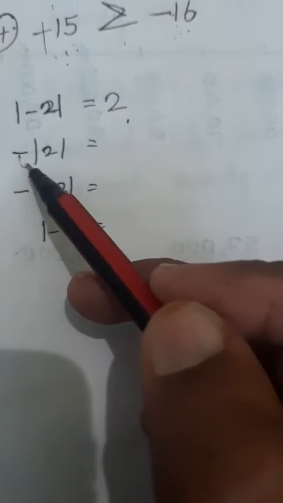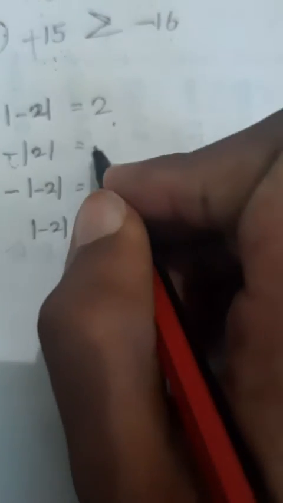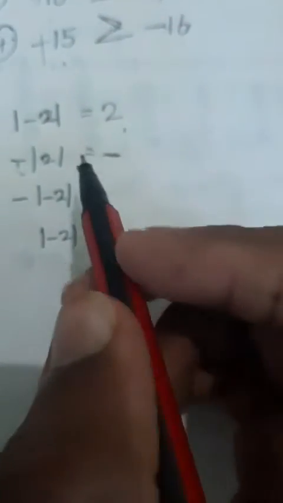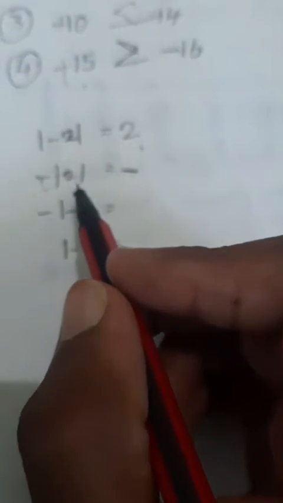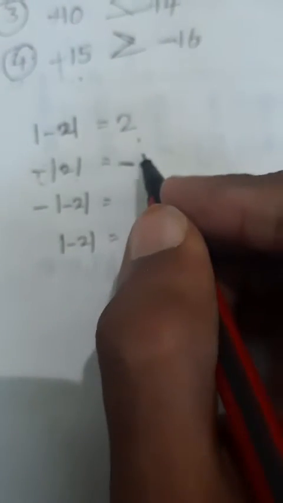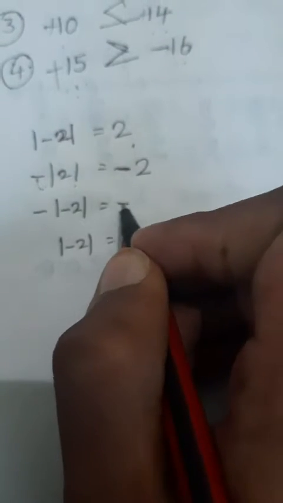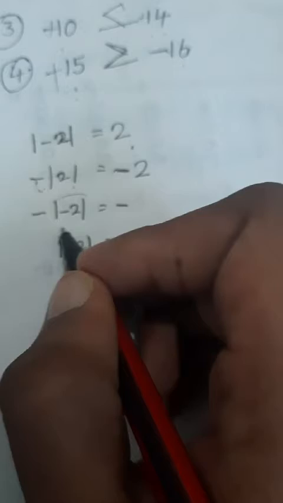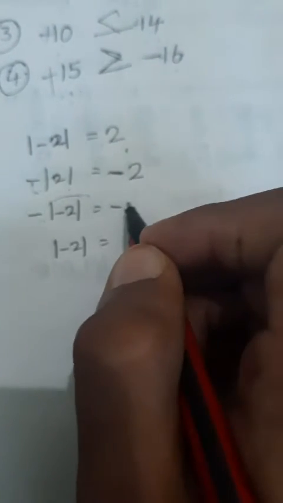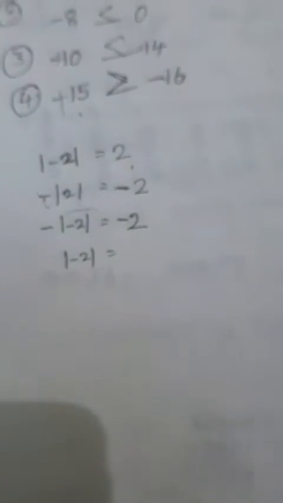So whenever minus is outside, you are not able to do anything. Put minus as it is. So then the absolute value of 2 is 2. Here keep minus as it is. Now absolute value of 2 is 2, but already this minus, so the answer will be minus 2.